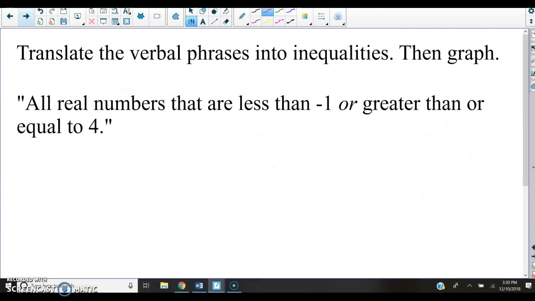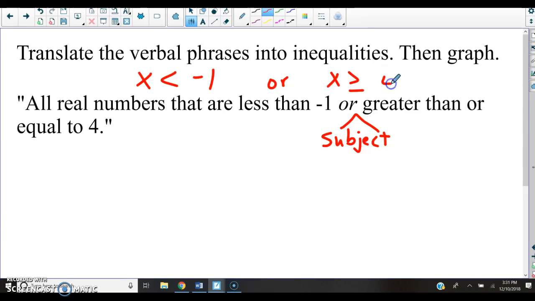Okay, so we're going to have to do some verbal phrases. All real numbers, you can think of that as being your variables. All real numbers that are less than -1, or, it doesn't say it, but you can think that subject again, putting some English in your algebra. All real numbers greater than or equal to 4.